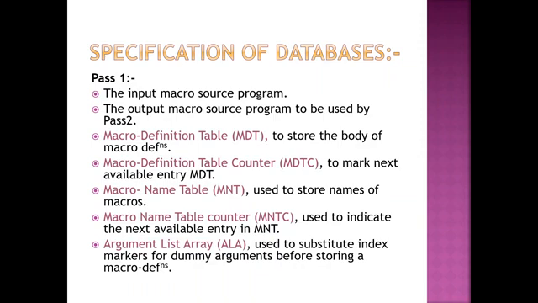Half of the work is done in pass 1, and the other half is done in pass 2. First, it finds the macro names and stores them in the macro name table, finds the definitions and stores them in the macro definition table. All the arguments are taken and stored in the argument list array. This part is done during pass 1.